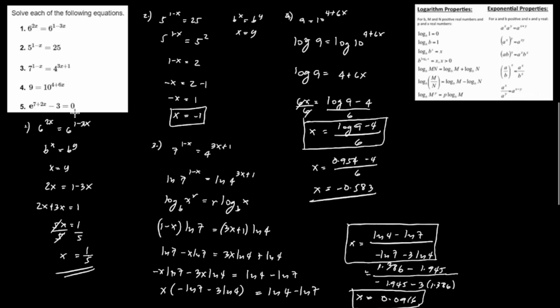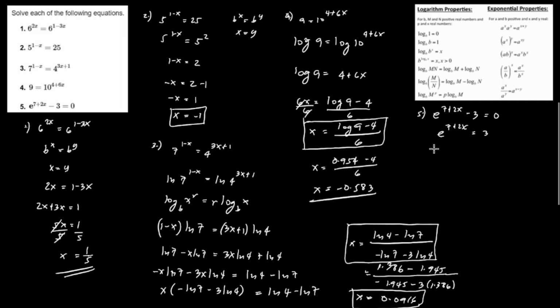Number 5. e with exponent 7 plus 2x minus 3 is equal to 0. We will be using the natural logarithm, so take ln of both sides, and transpose negative 3 to the right side, so e with exponent 7 plus 2x is equal to positive 3.